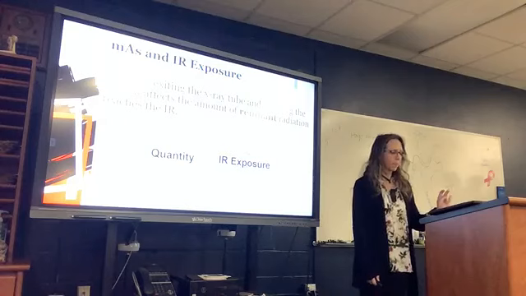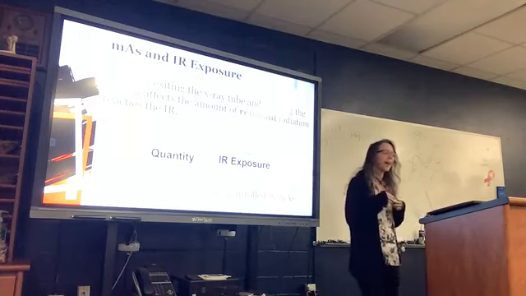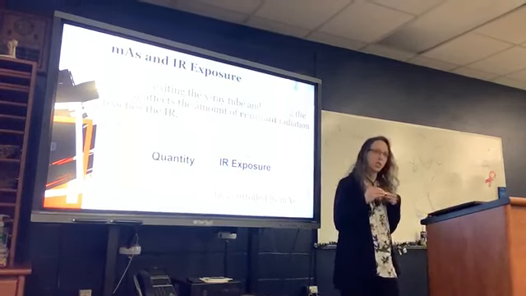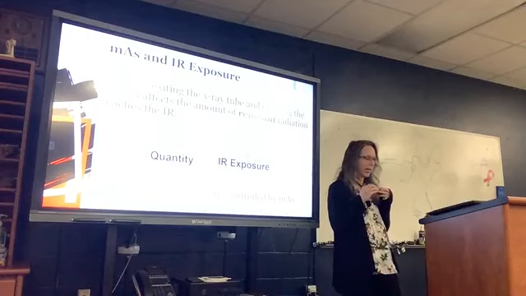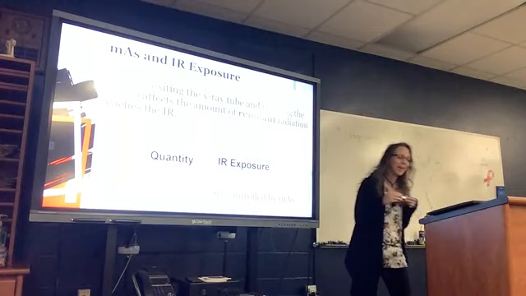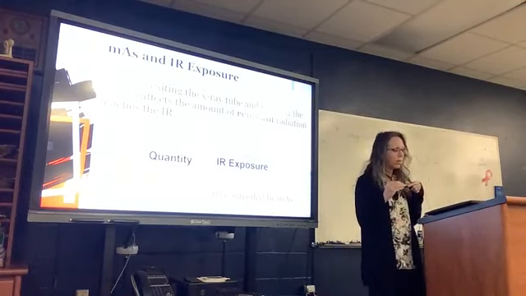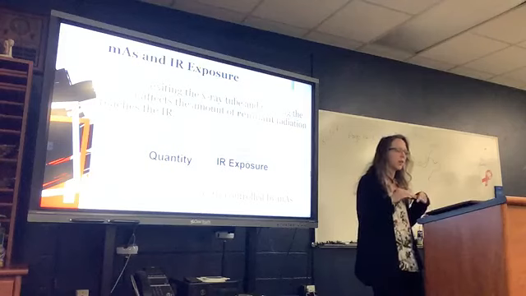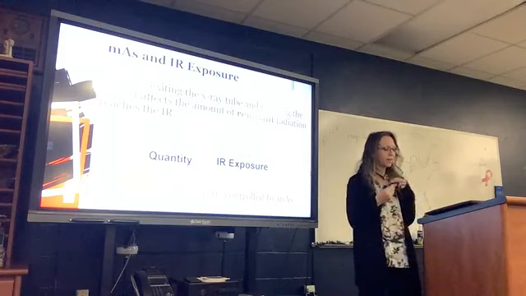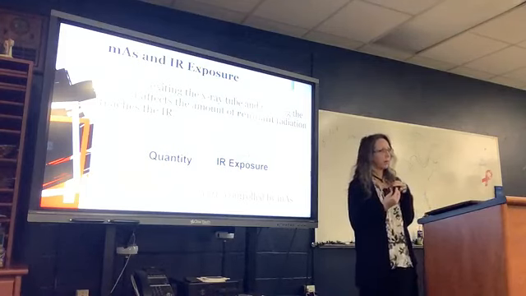Something to keep in mind is that mass is the direct controlling factor of receptor exposure, isn't it? I'm British today, isn't it? So notice the chain reaction here. Increase mass, increase the number of x-rays that we create in the tube, increase the number of x-rays reaching the patient, and then we increase the number of x-rays exiting the patient and reaching our IR.